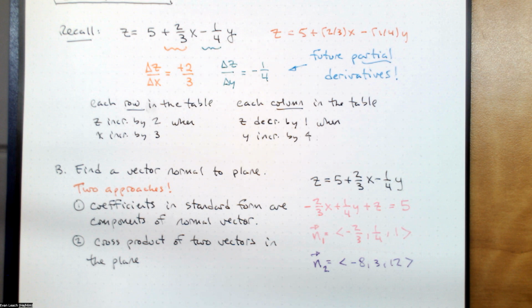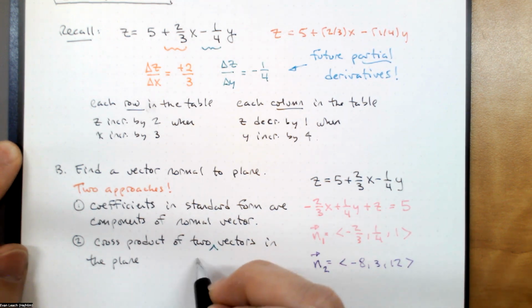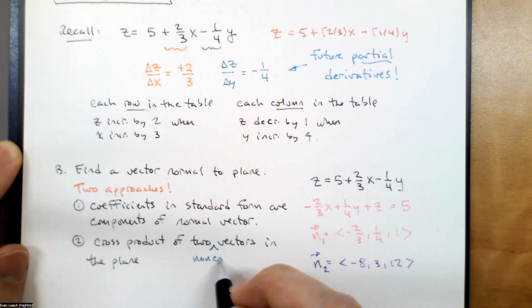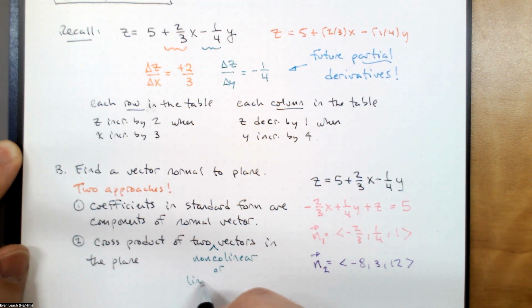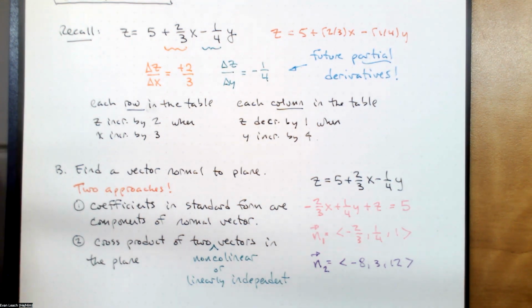Non-collinear vectors, linearly independent vectors. So I need two non-collinear or linearly independent vectors. They can't be going in the same direction.